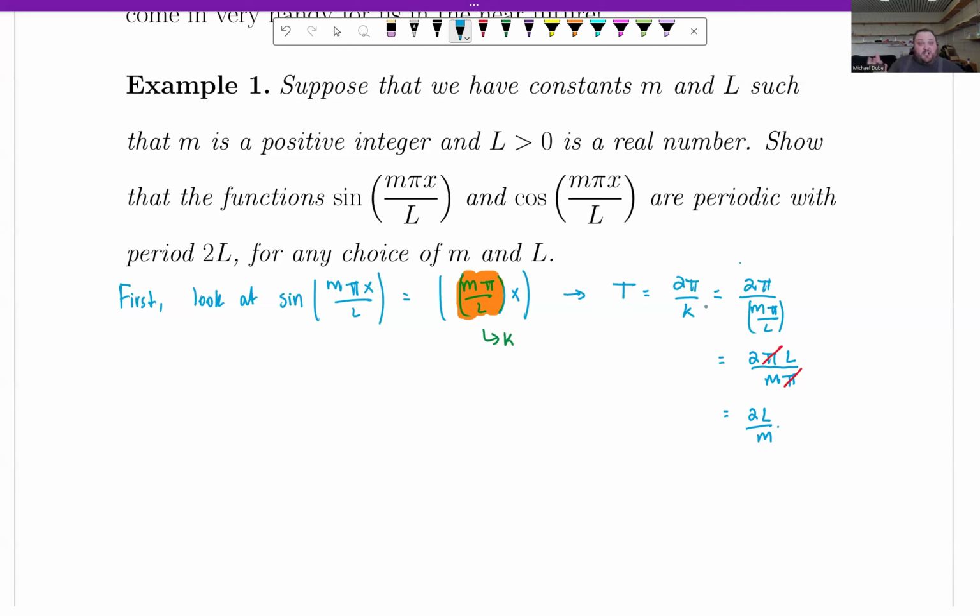Okay, so that's close, right? We have the period 2l, but we know that m is a positive integer, right? And we know that a positive integer times our fundamental period is also a period, or a positive integer times any of our periods is also a period, right?